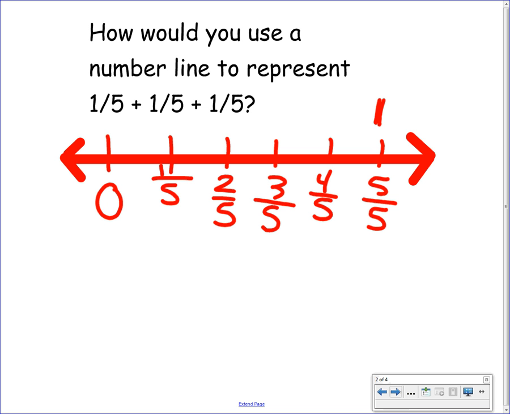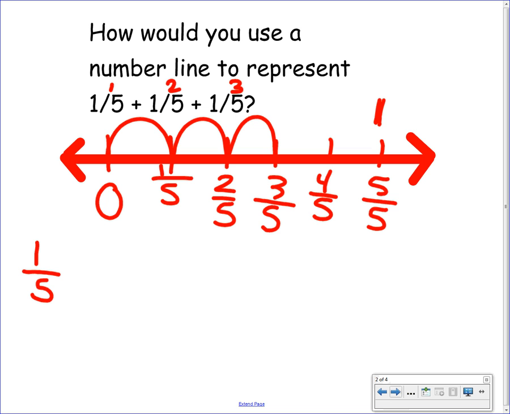Now the question I have up here is how would you use a number line to represent 1/5 plus 1/5 plus 1/5? So I've got my unit fraction, and it's 1/5. So I know I'm jumping 1/5 how many times? 1, 2, 3. So I'm going to start at 0, 1, 2, 3.